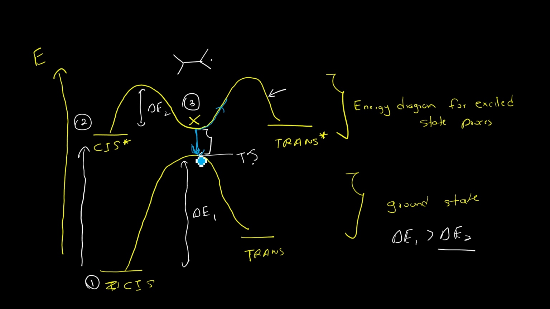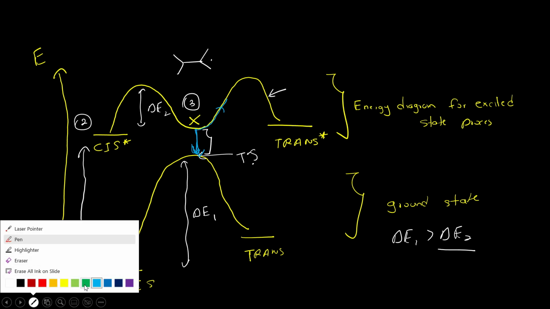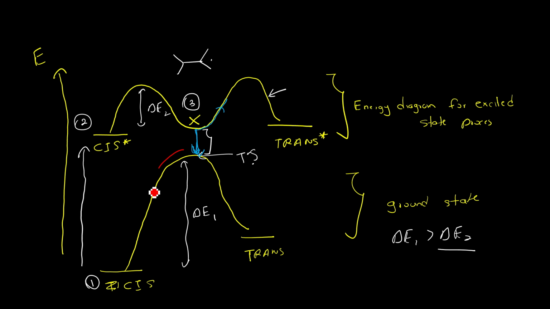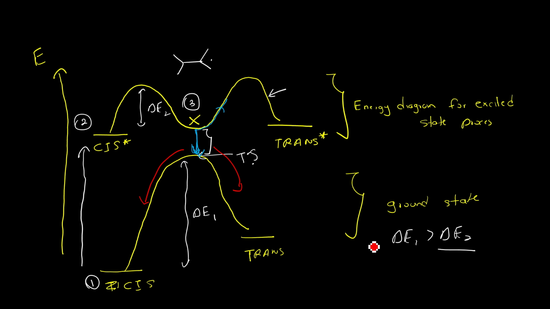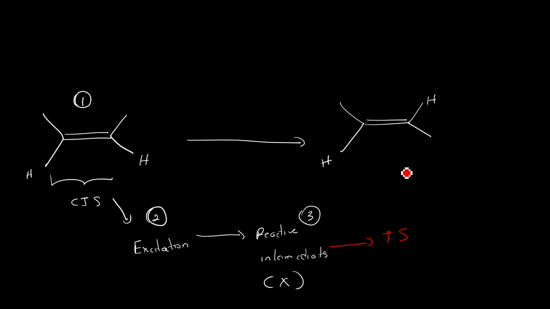Now our molecule can either go back to this place or go back to here. So this is the process. After the reactive intermediates, we go to the transition state. Then after that, we have two possibilities: to obtain either the cis product as initial, or the trans product.